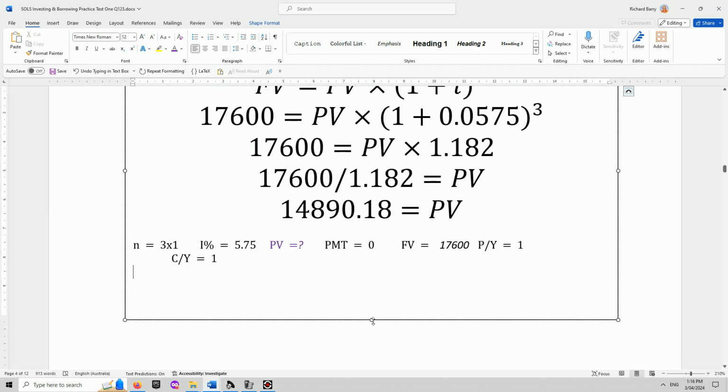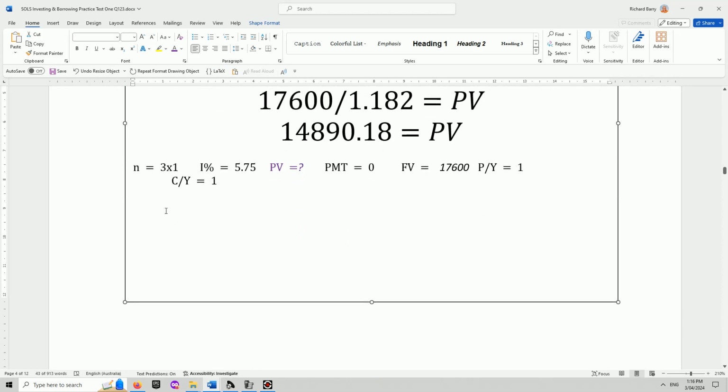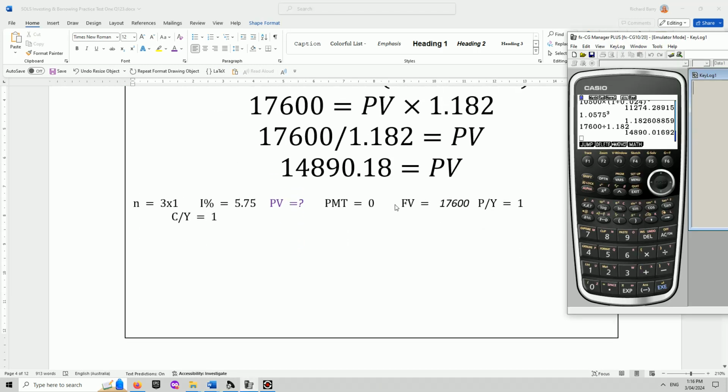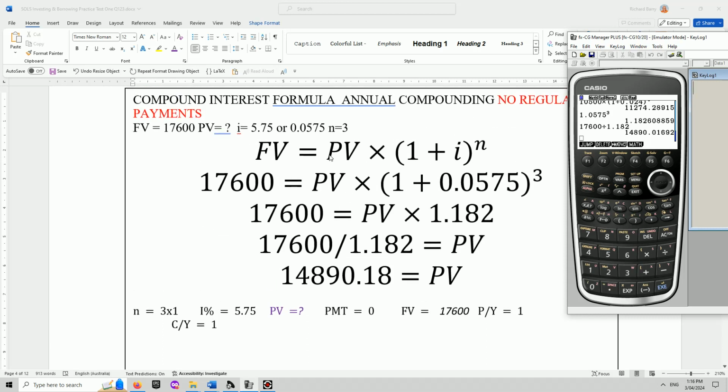Okay, putting this into the calculator. First of all, it's compound, so I could have done this question either way. Most people will choose to use the calculator for this. Menu, the finance section, or TVM on the older calculators. It's compound interest, F2.